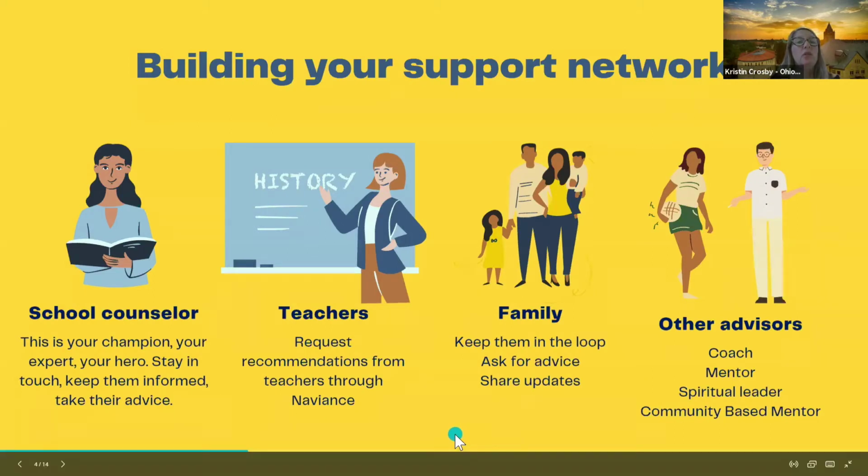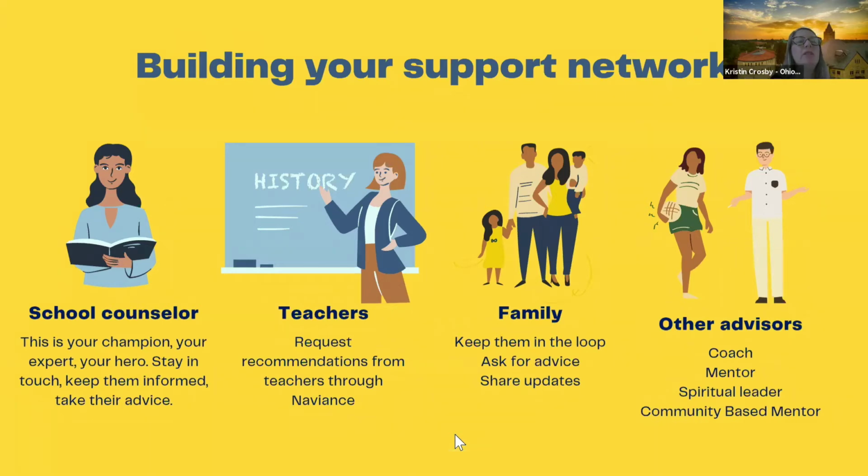So you are the one who's applying to university, but it's a good idea to have a support network and people to turn to through the application process. If you have a school counselor, this is the person who you can go to ask questions, ask advice, perhaps help you with your list of schools. This person is rooting for you. They're your champion, your expert. So keep in touch with your school counselor.